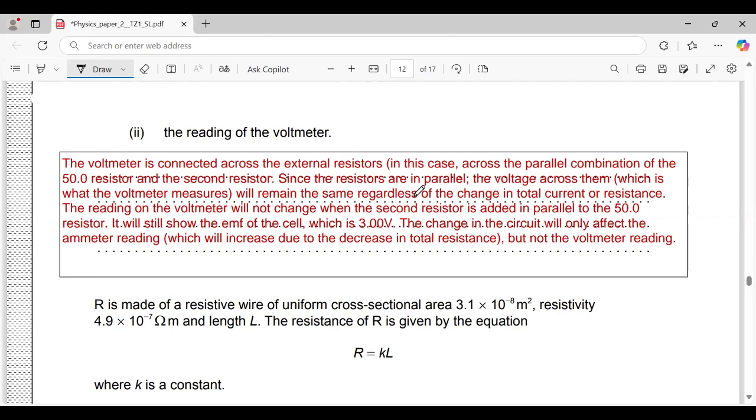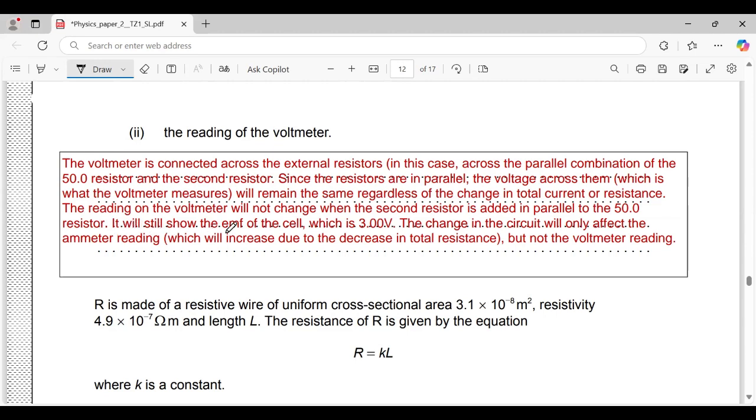Since the resistors are in parallel, the voltage across them, which is what the voltmeter measures, will remain the same regardless of the change in total current or resistance. The reading on the voltmeter will not change when the second resistor is added in parallel to the 50 ohm resistor.